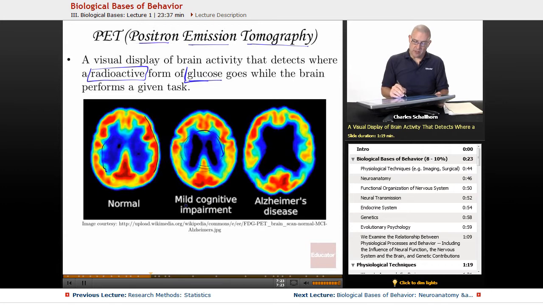And notice it says mild cognitive impairment. And then over here, you've got Alzheimer's disease, and notice that the impairment takes up a much larger portion of the middle of the brain. And so when you're looking to find brain activity and looking for where in the brain it is going to be, you're going to be using the glucose and the PET scan.